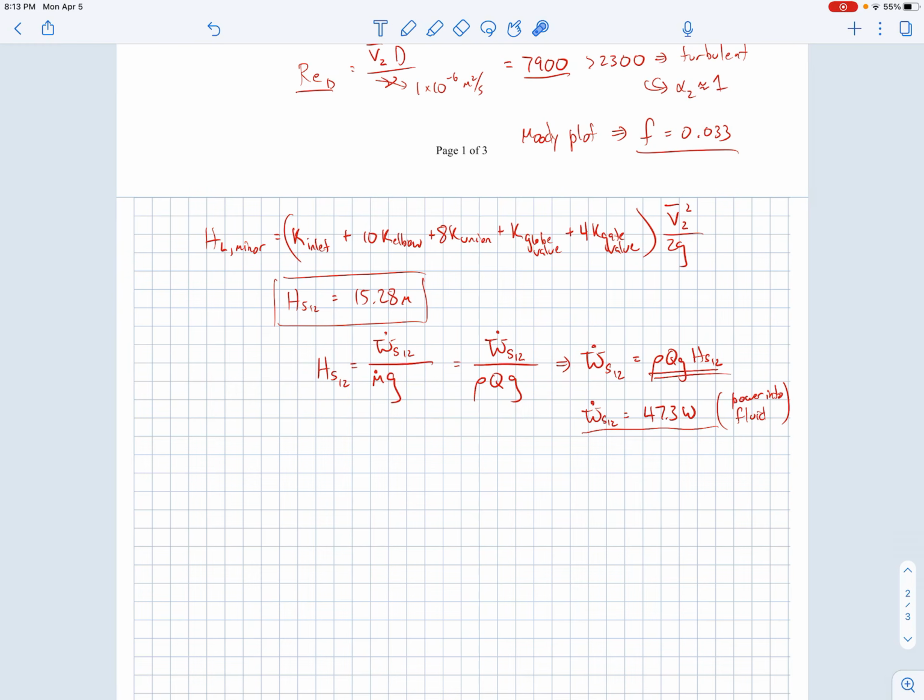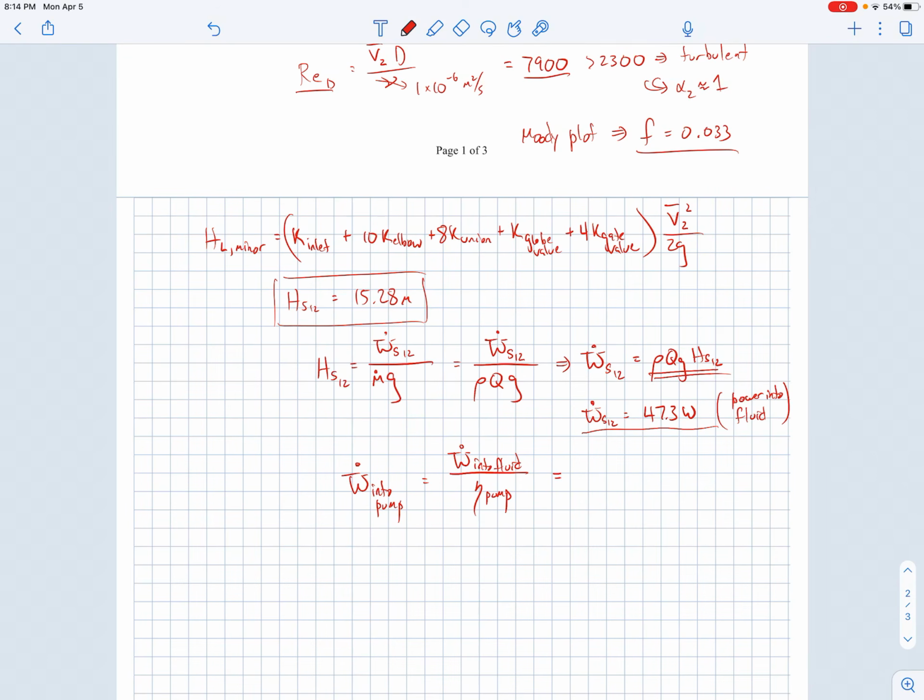65% efficient. So if this is the power that needs to go into the fluid, what power needs to go into the pump? Well, to find that, I'll write the power into the pump. It'll be the power that we need to put into the fluid divided by the efficiency of the pump, because we have to put a little extra power into the pump because it's not 100% efficient.